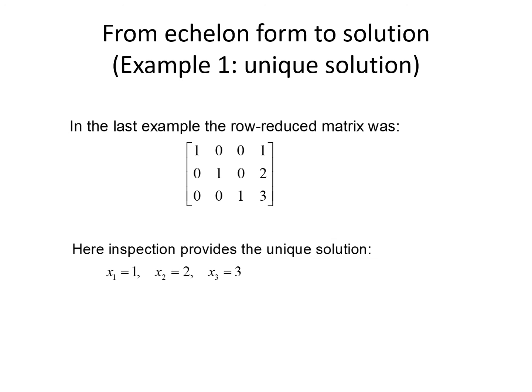After applying elementary operations, we may obtain such types of matrices. In that matrix, you see x1 equals 1, x2 equals 2, x3 equals 3, right? So by using reduced row echelon form, we may obtain the solution of an n by n system of linear equations.